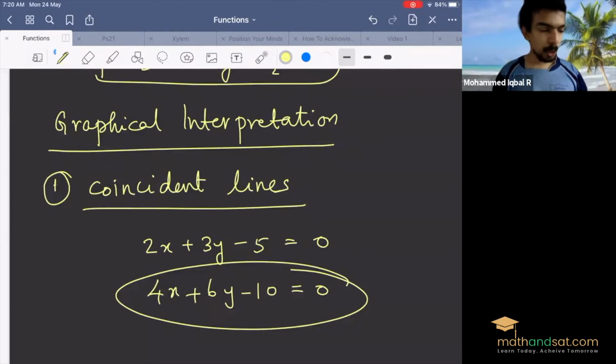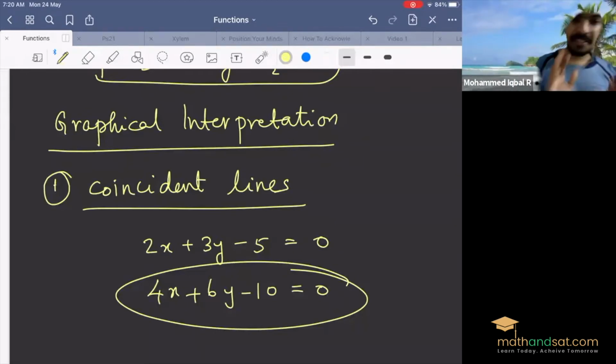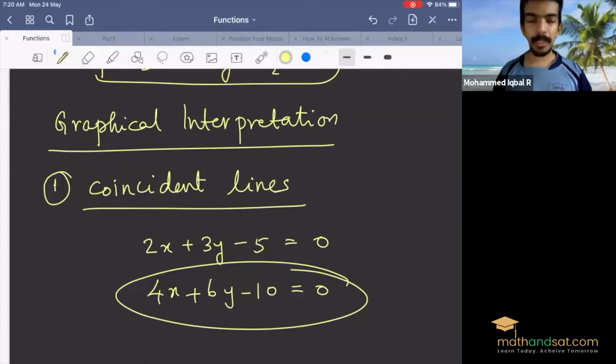My question is, don't you think these two equations will represent the same straight line? Yes. Okay.